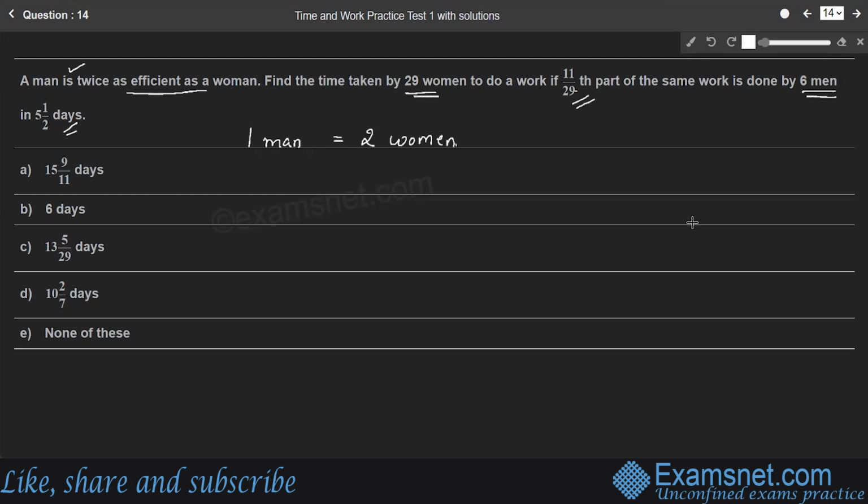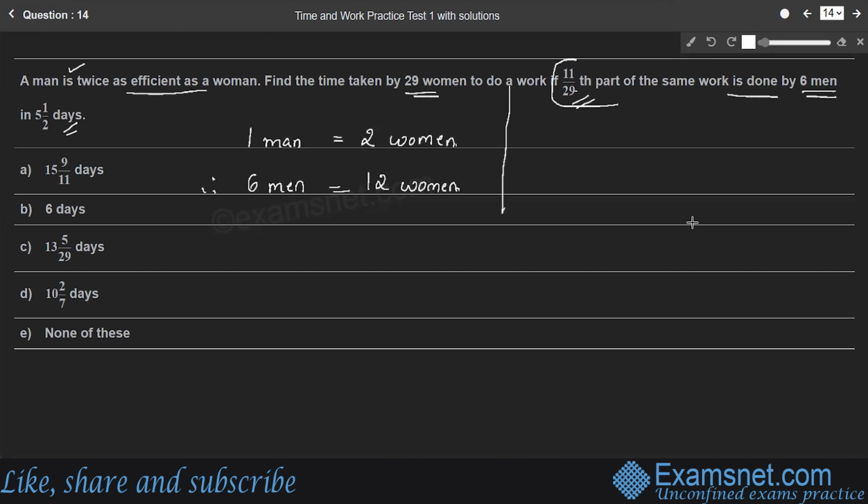Therefore, it is given that work done by six men in 5.5 days is 11 by 29th part of the work, right? So we'll consider 6 men or efficiency of 6 men. Therefore, if one man is equal to 2 women, 6 men is equal to 12 women. So we'll consider work done by 6 men here.